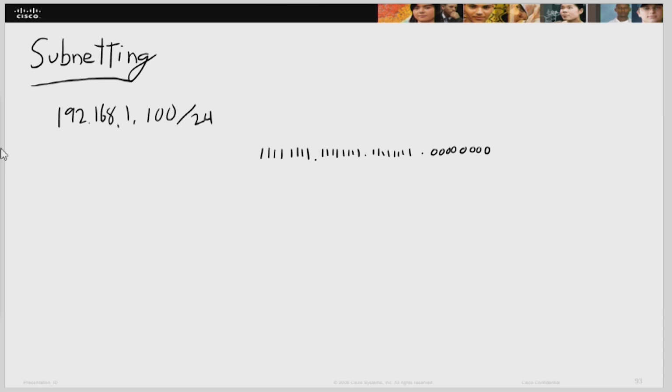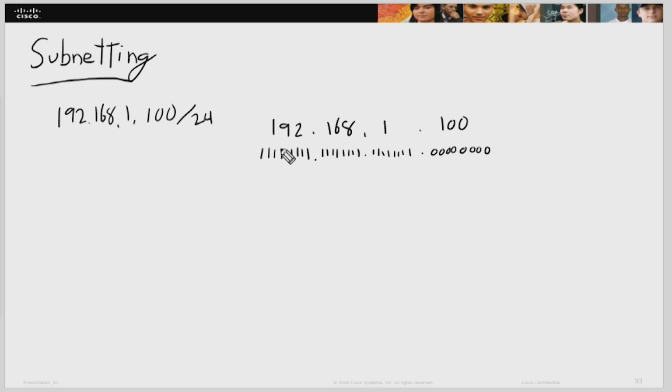If I were to put my 192.168.1.100 over the subnet mask, the process that we use is called the logical ANDing, and we don't need to go through that here, as long as you understand that whatever this 192 is in binary, if I logically AND it with all ones, it comes through.